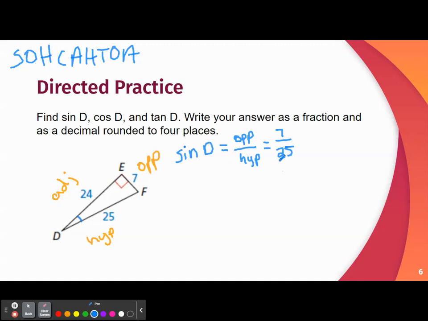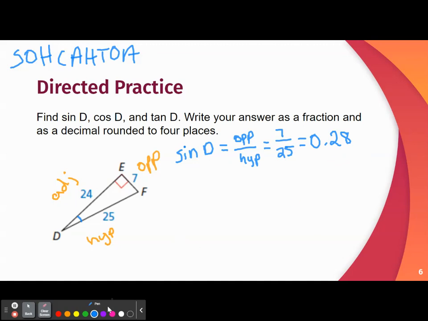Okay. Did you say no? Yes. Okay, perfect. And then what is that as a decimal? Do 7 divided by 25. I think you did 25 divided by 7. Yep, 0.28. Notice I put equals 0.28 because I did not have to round.